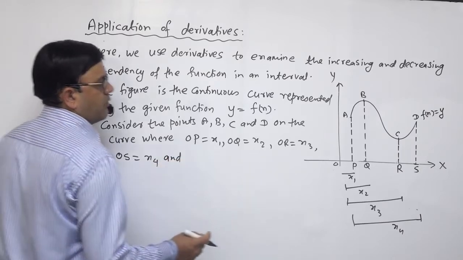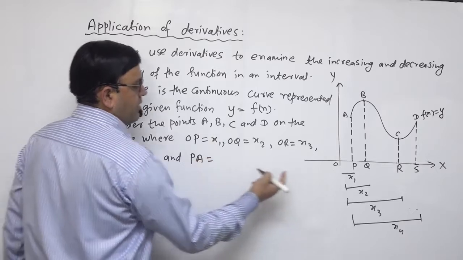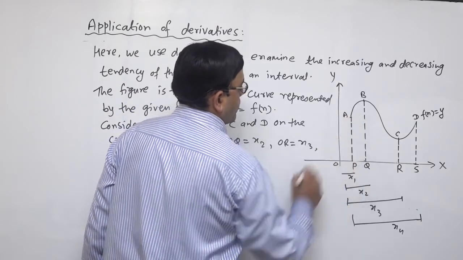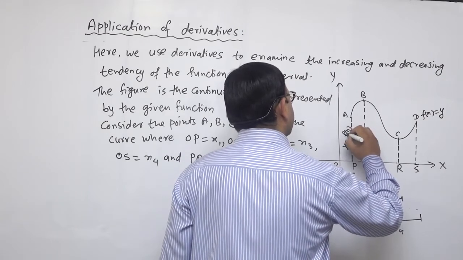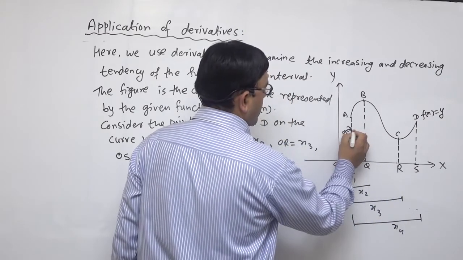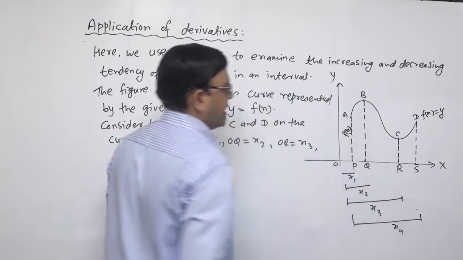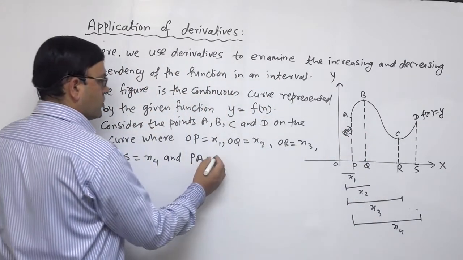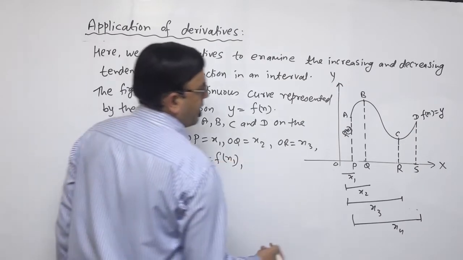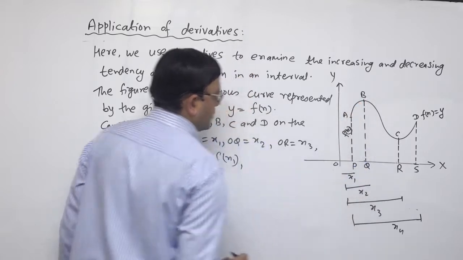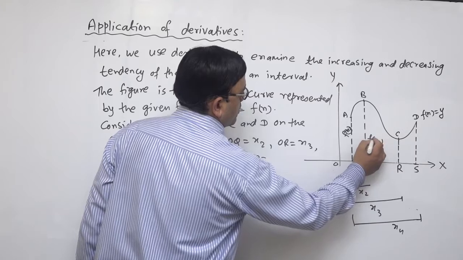Similarly we have PA is equal to, here is x1, so y is equal to fx1. So PA is equal to fx1. Similarly, QB is equal to fx2.